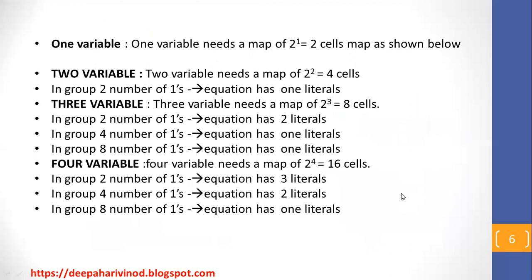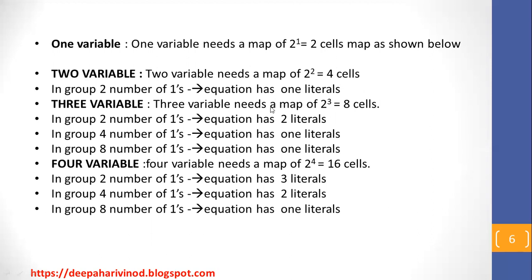Now this is just information. For a one variable K-map, it will have 2 raised to 1, 2 cells. For a 2 variable K-map, it will have 2 raised to 2, 4 cells. In a group, if you have 2 number of ones, then the equation has 1 literal.